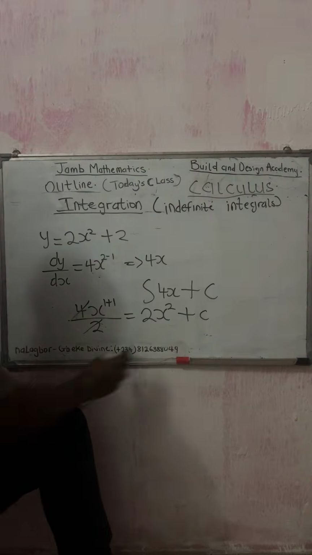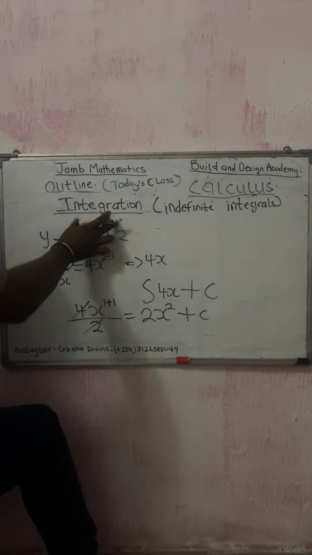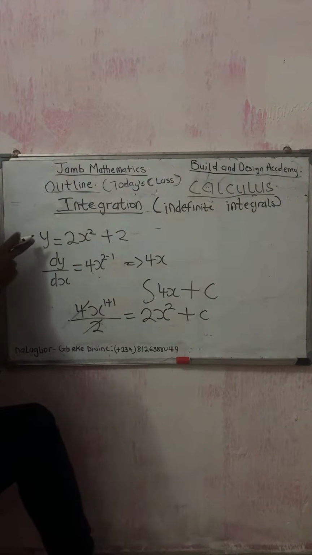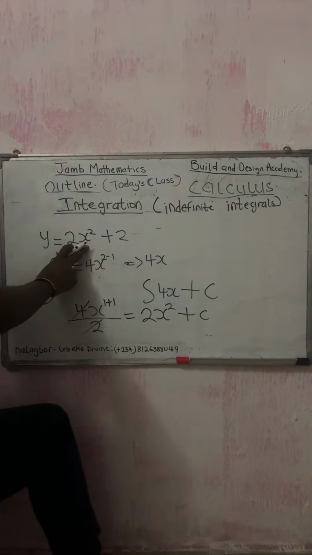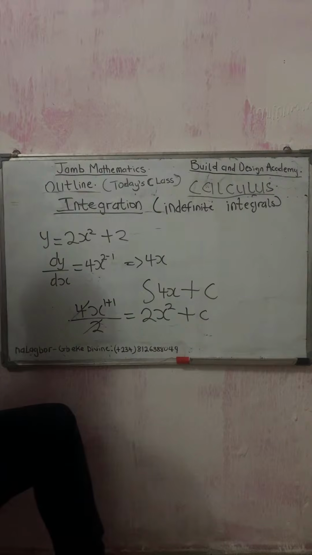As I said, if differentiation gives you 4x, integration gives you back this equation. So the opposite, the antiderivative.